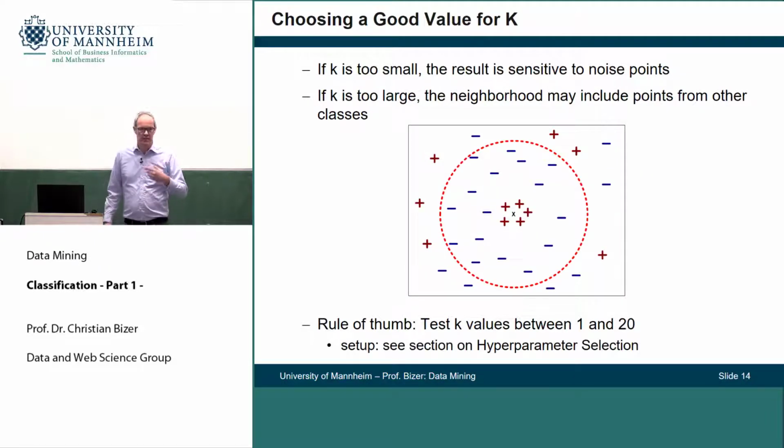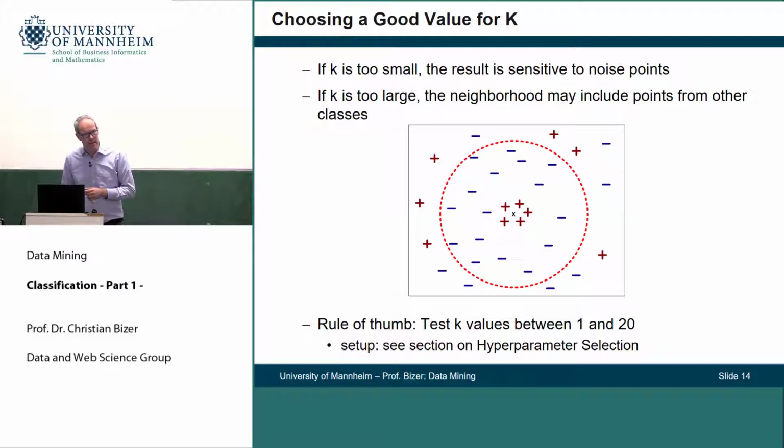That's a general case that we very often see in classification situations. We have to set a parameter and we don't know how. Approach here: if we set it too small, single noise points can influence our classification decision. If we set it too large, some more remote points might have a too strong influence. Approach here is basically just to test. So we'll discuss this next time. We split our data in training and test data.